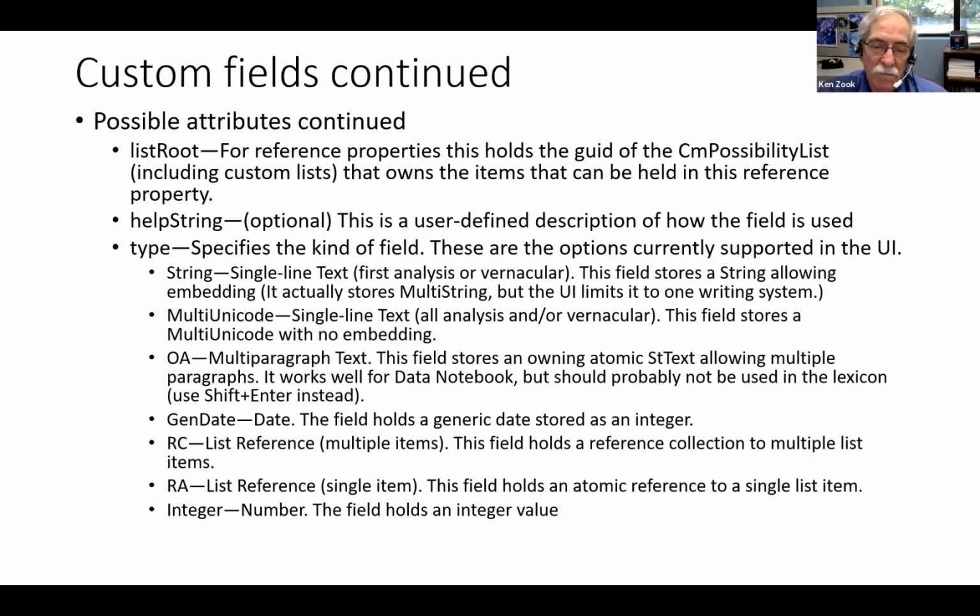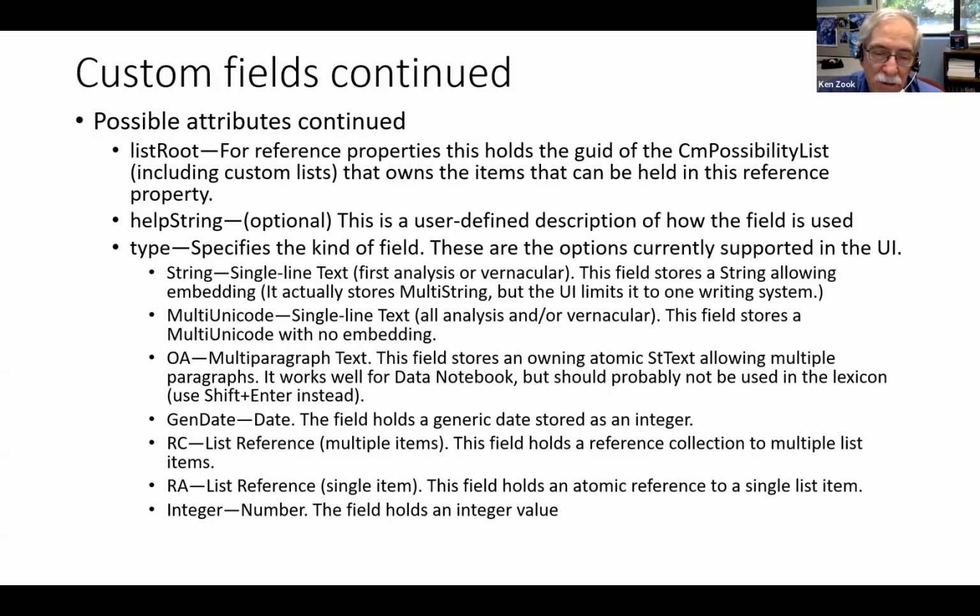There's an OA, multi-paragraph text. This field stores an owning atomic StText that allows multiple paragraphs. It works well for Data Notebook, but should probably not be used in Lexicon because we can't provide the styles in that environment. But you can use Shift+Enter in a lexicon to kind of emulate a new paragraph.